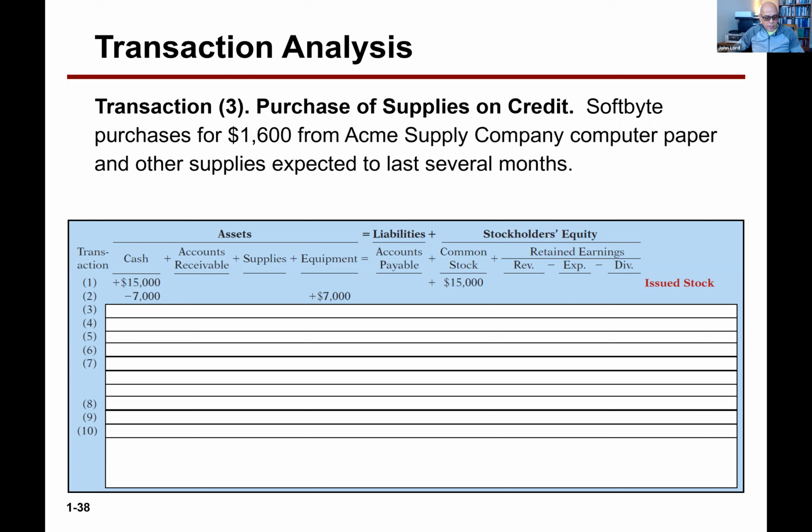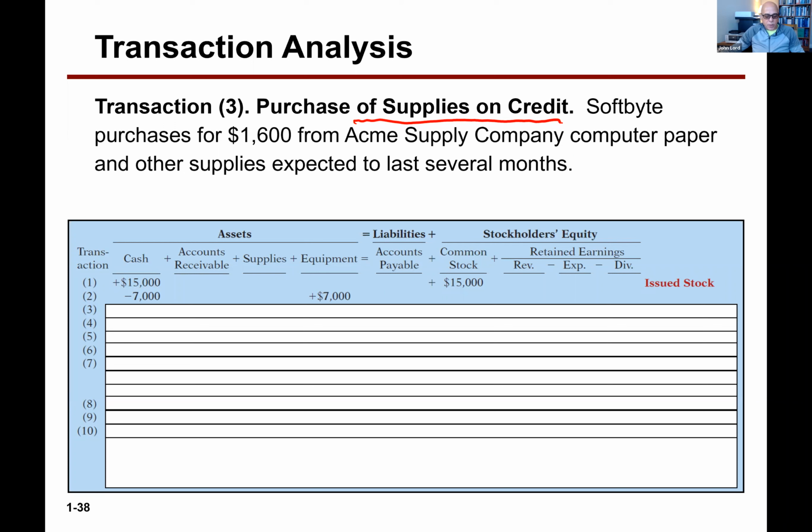Then I purchase for $1,600 from Acme Supply Company computer paper and supplies expected to last several months. And they tell me that I purchased that on credit. When an accounting question says that I have purchased something on credit, that means I'm going to have a bill. That means I'm going to have to pay that later, right?